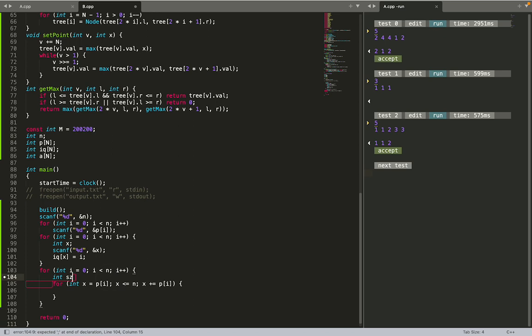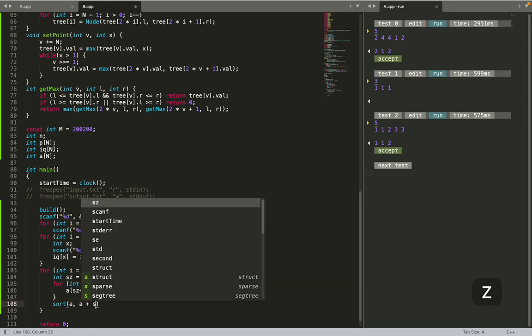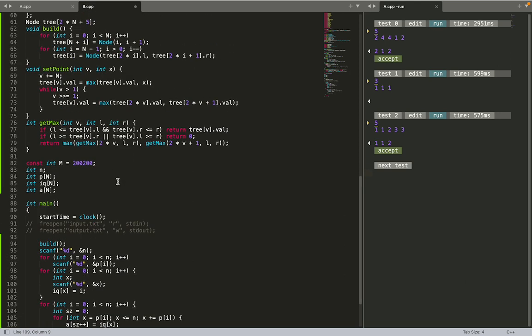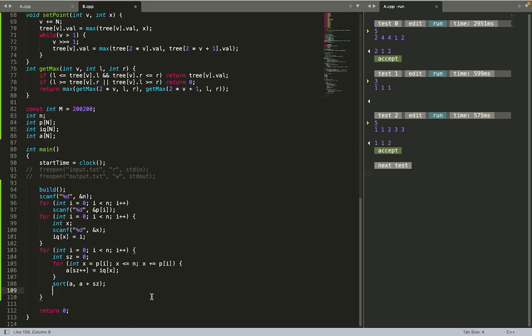I don't want that. So I will write down all the positions in this array and sort them. It doesn't break the complexity because I have a segment tree anyway. And I need to make transitions in reverse order.